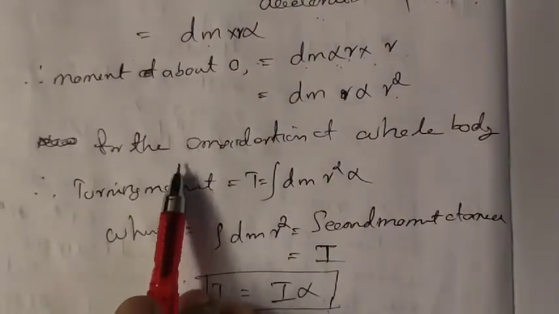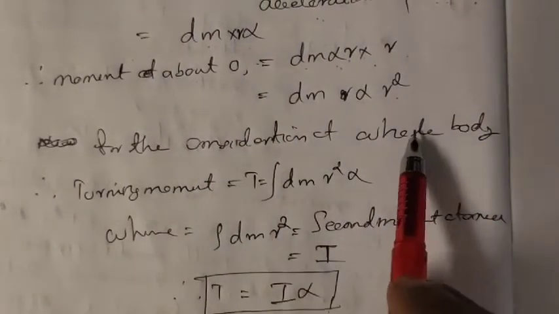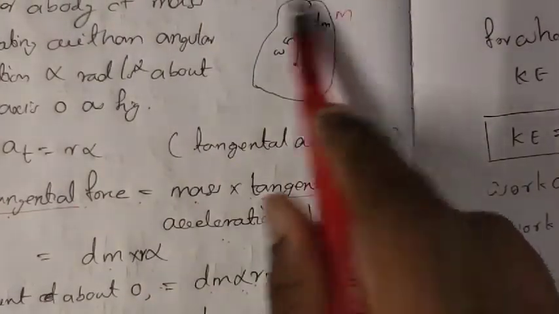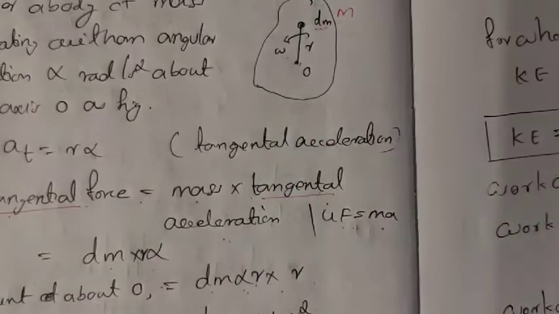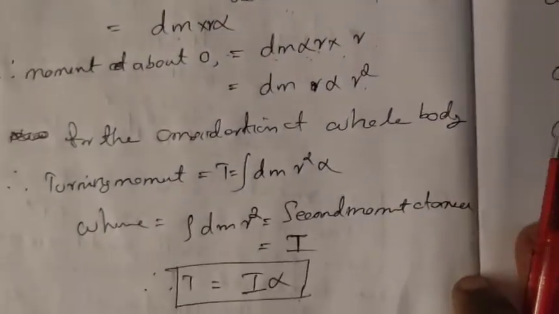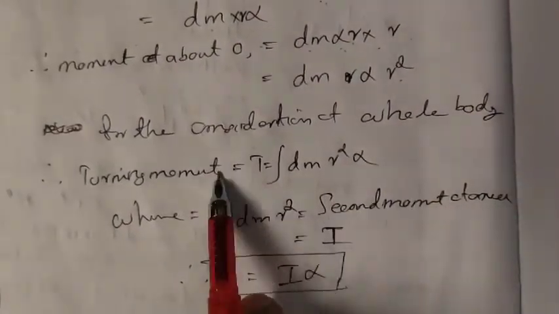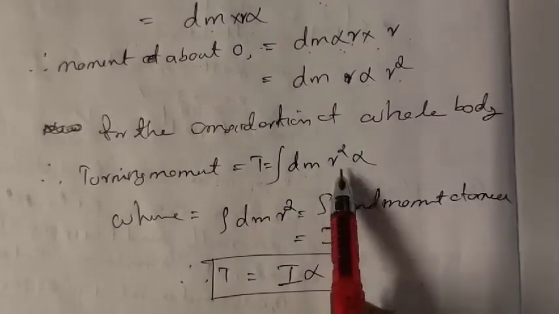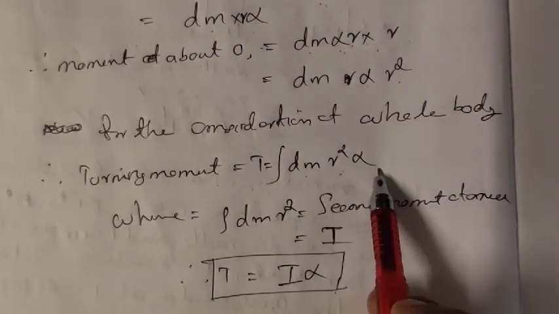Instead of the elemental body dm, to consider the total body of mass m, we integrate this equation, and we get the turning moment T equal to the integral of dm r square alpha.